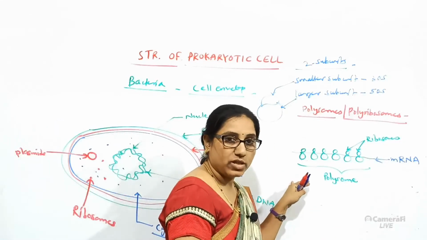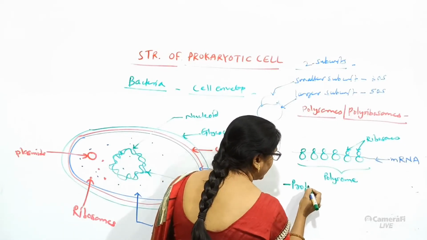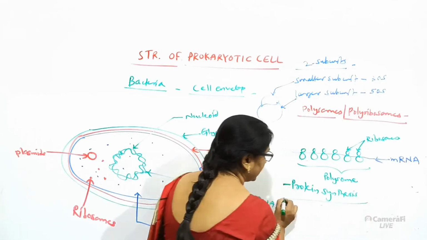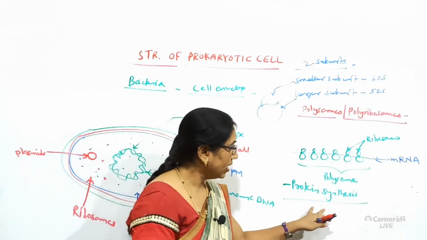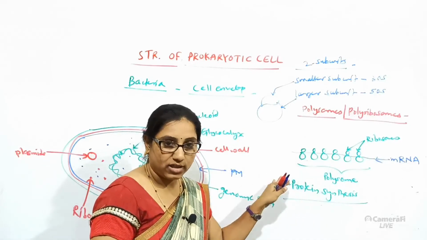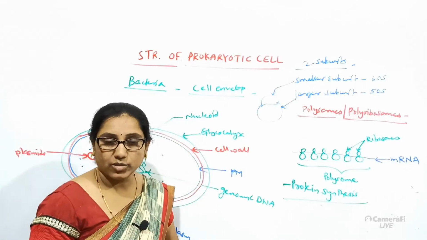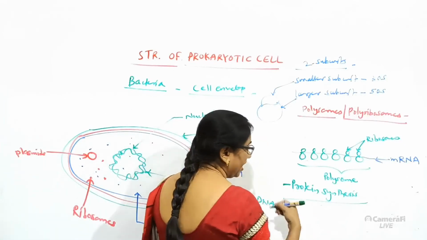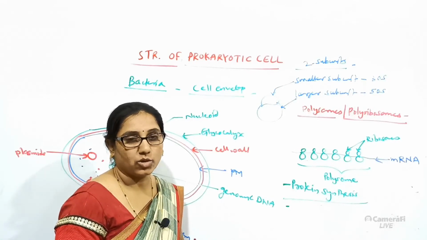What is the function of these polysomes? They are involved in the process of protein synthesis, particularly during translation. These ribosomes are the places where protein synthesis takes place. So simply, the ribosomes are called the protein factories of the cell.